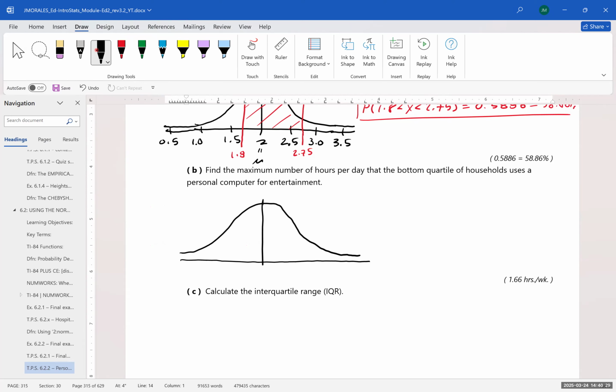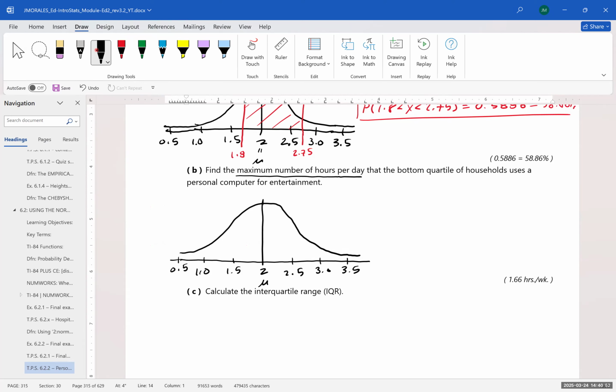All right, so let me go ahead and put these values in. Maybe I'll go 3 standard deviations to both sides. Okay, find the maximum number of hours.